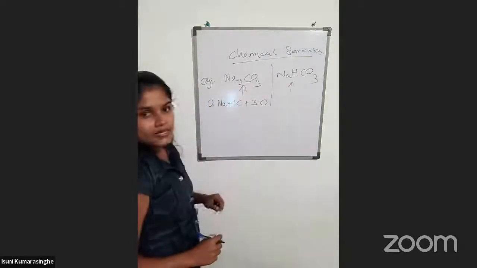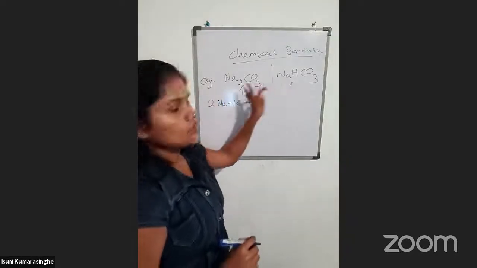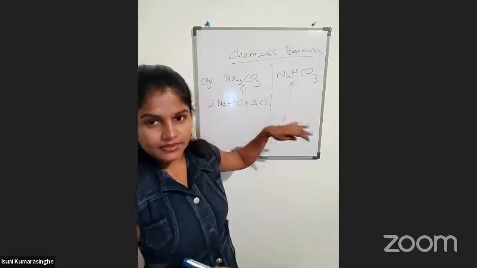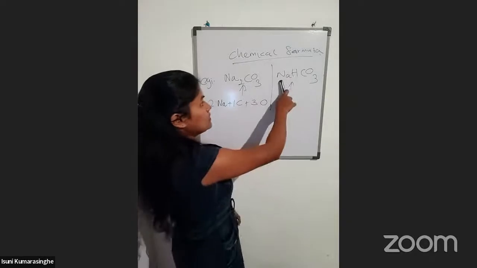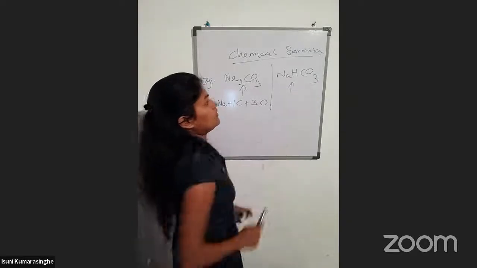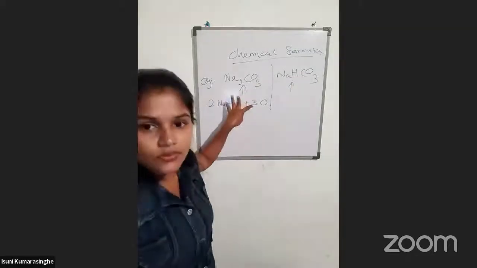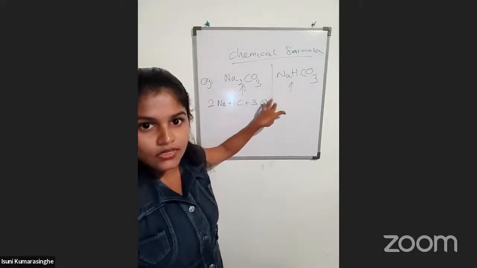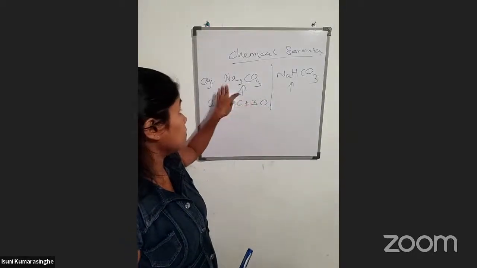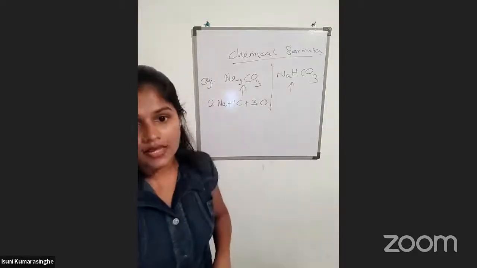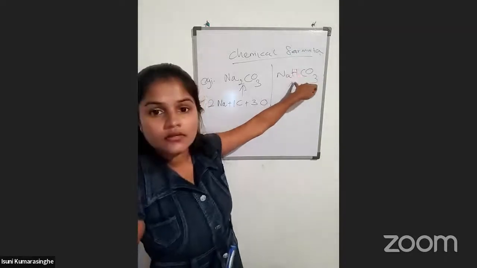In sodium bicarbonate, both are carbonates, but their elements are different. Here, sodium, hydrogen, carbon, and oxygen. There are 4 elements to form sodium bicarbonate, whereas to form sodium carbonate we need 3 elements. Additionally, there is hydrogen.